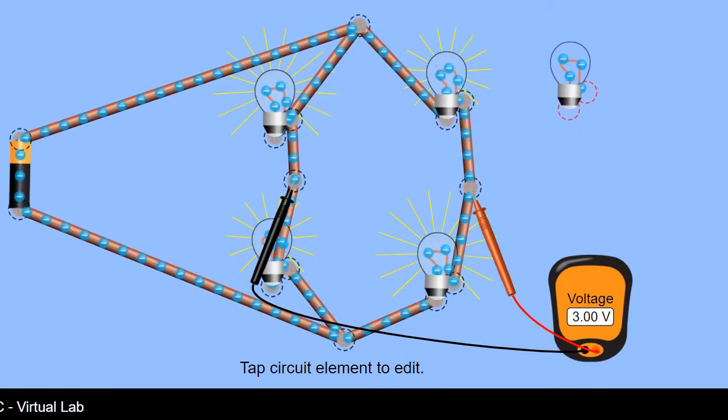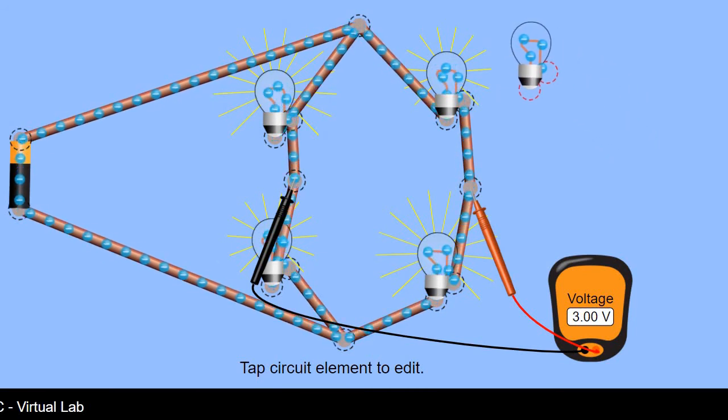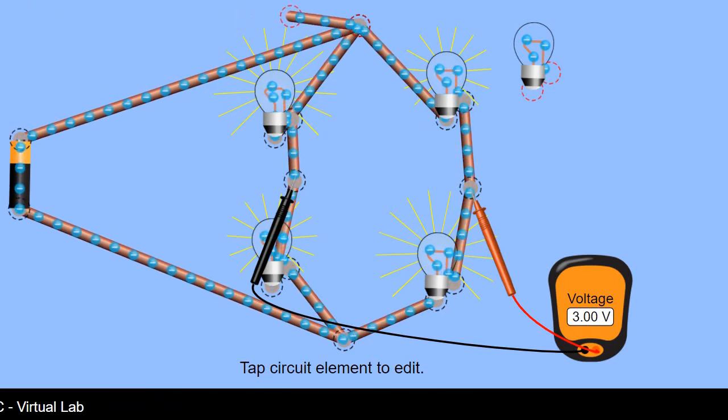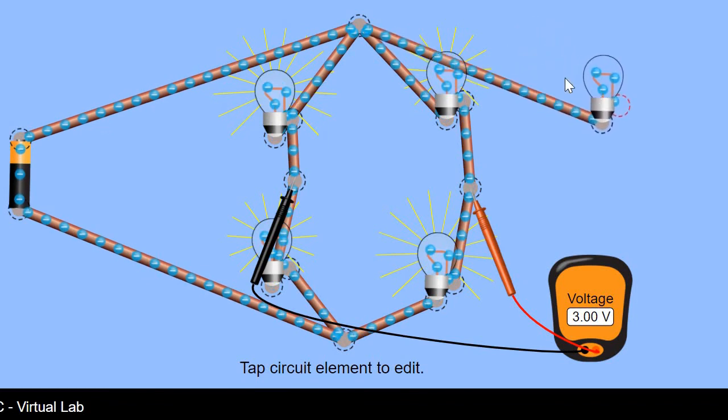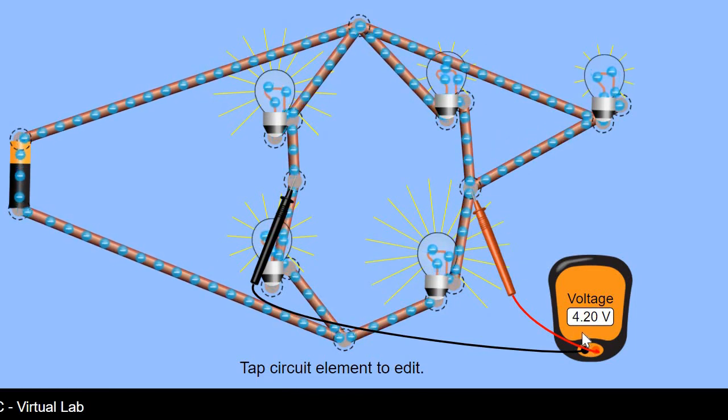So if you connect one more R across this, you saw that the voltage increased to 4.2 volts as predicted.